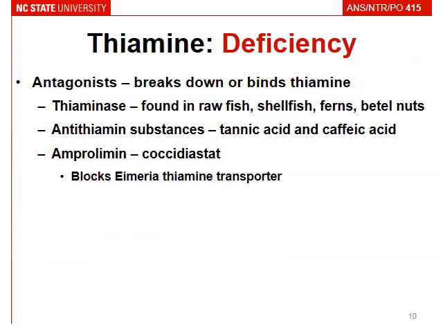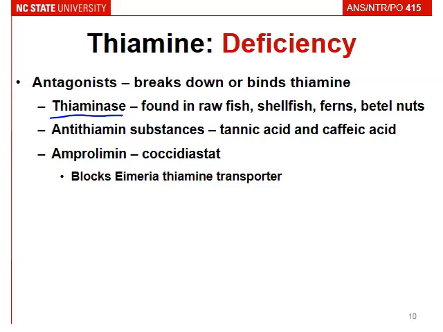So we do have deficiencies in thiamine, and the majority of these incidences we end up finding because there's some sort of natural antagonism. These antagonists either break down or bind thiamine. So we do have thiaminases, which break down thiamine, and you're going to find these in raw fish and shellfish.